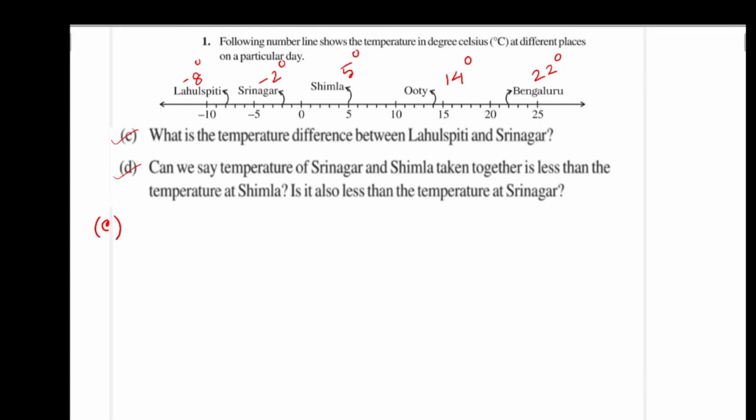Now, the temperature difference between Lahul Spiti and Srinagar.